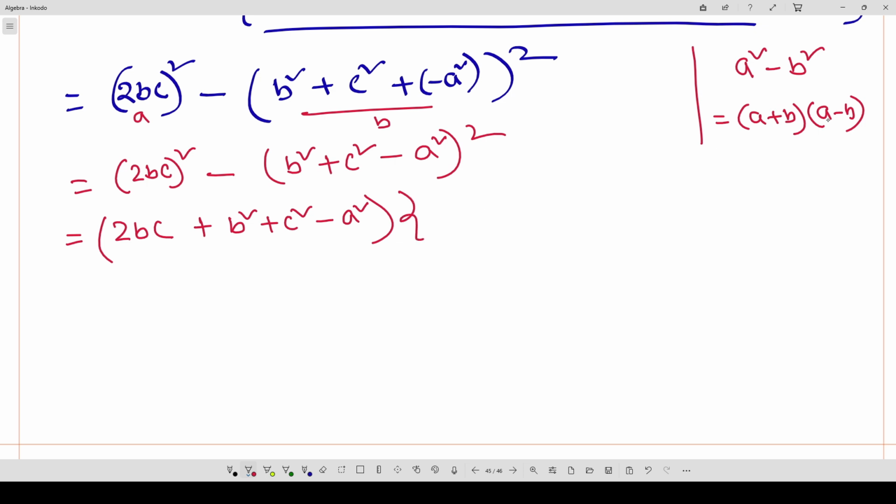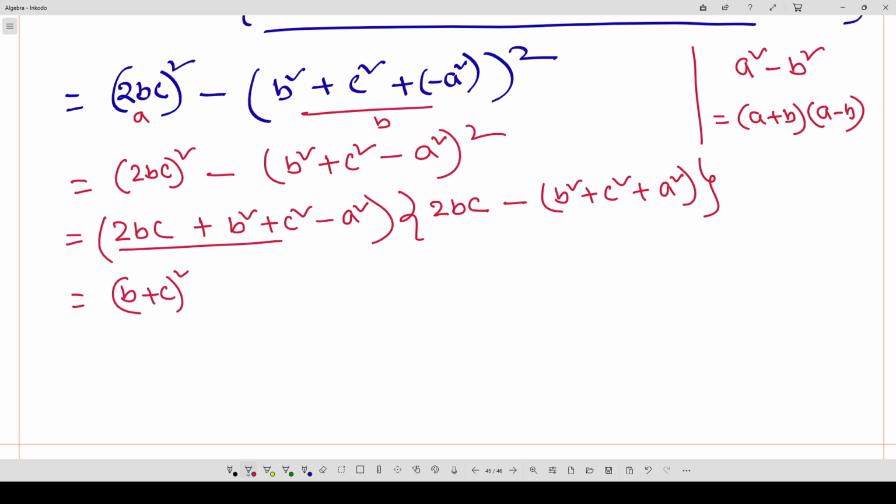And then a minus b, a means 2bc, then minus, and here is b² + c² + a², right? And then it's looking (b + c)², and here is a − a², right? And the same thing here we can write like 2bc − b² − c² + a², right?